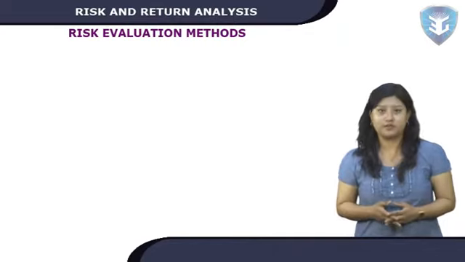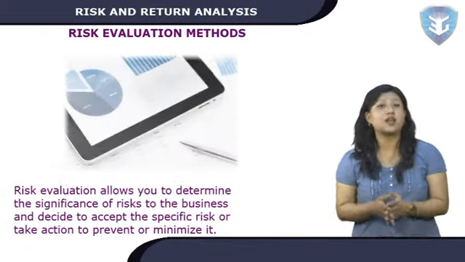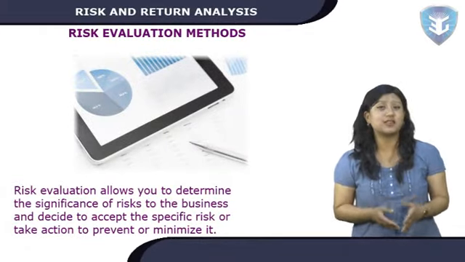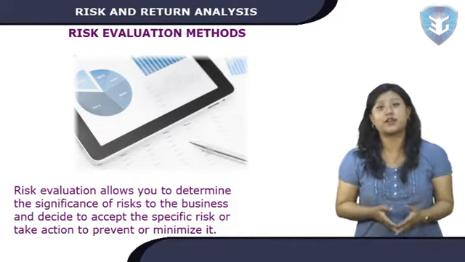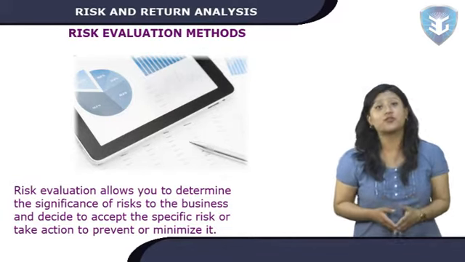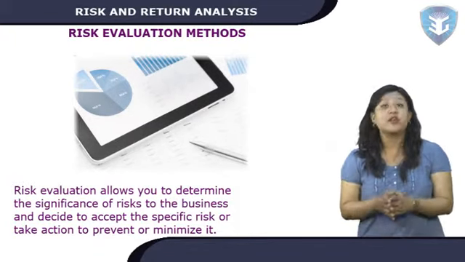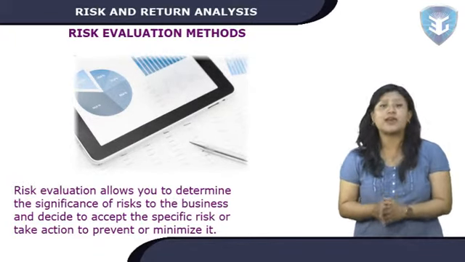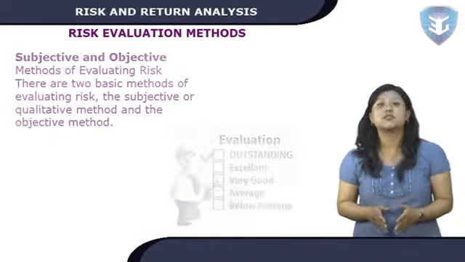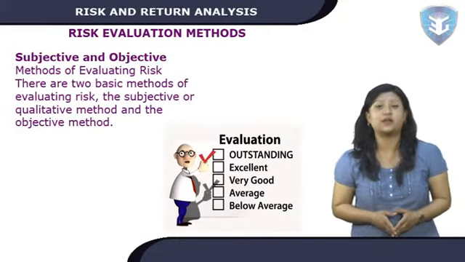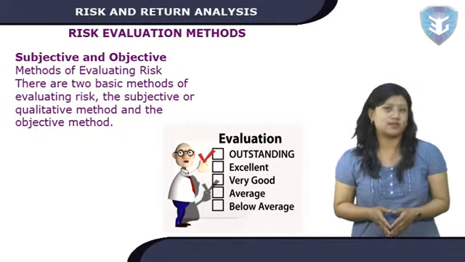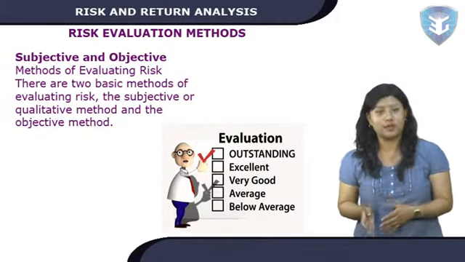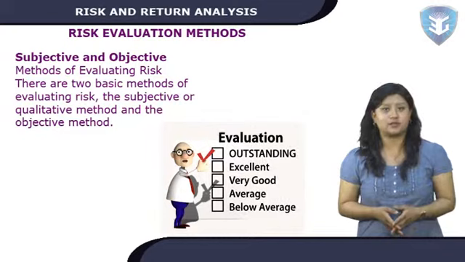Risk evaluation methods. Risk evaluation allows you to determine the significance of risks to the business and decide to accept the specific risk or take action to prevent or minimize it. There are some tools you can use to help evaluate risks. Subjective and objective methods of evaluating risk. There are two basic methods of evaluating risk: the subjective or qualitative method and the objective method.